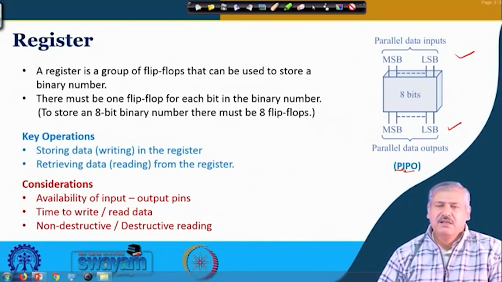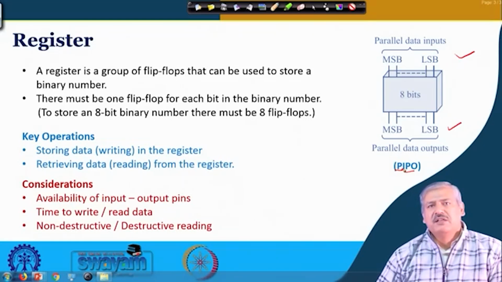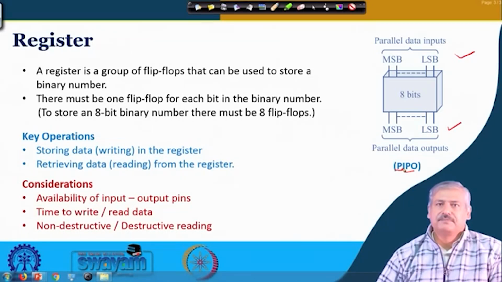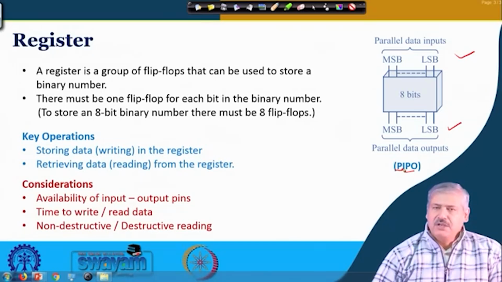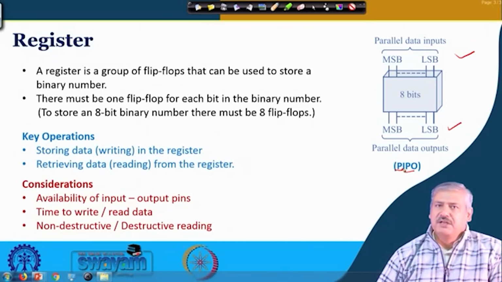So, in one clock cycle, the data is coming to the flip-flop outputs, and reading we can do as many times as we want, just by accessing the output values of these 8 flip-flops. Okay. Is it clear?